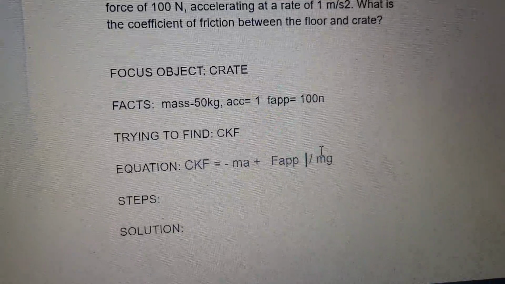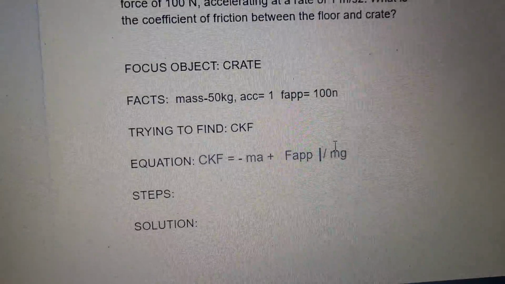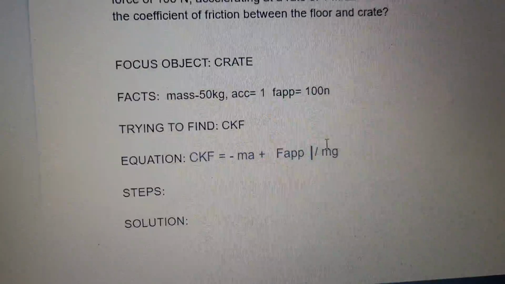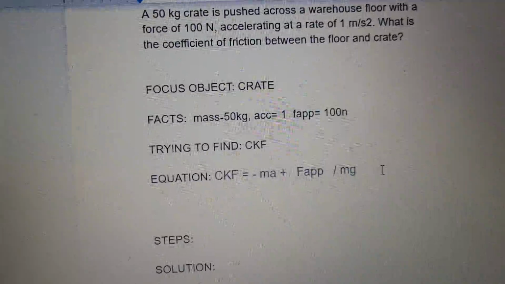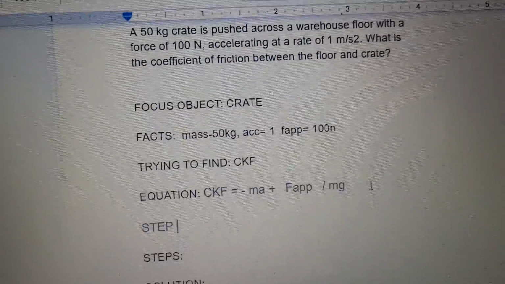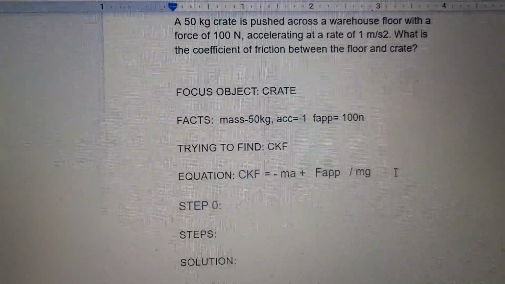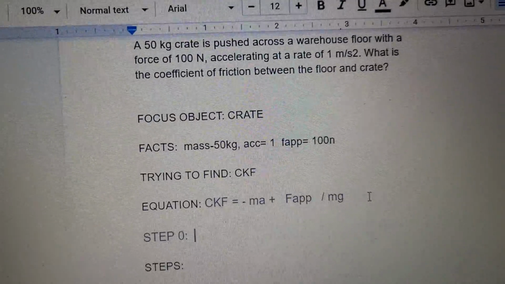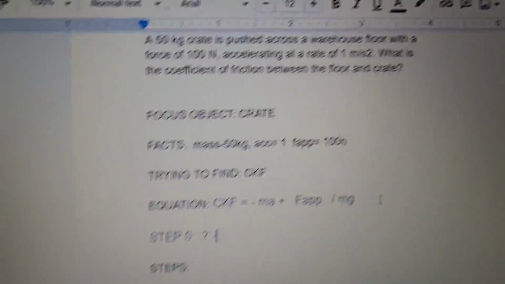So now you have to go back and see, okay, what facts do I have that can be substituted into these variables? That's my step 0, when you figure out how to substitute those facts. So step 0, my blueprint: I don't know what the coefficient of kinetic friction is, so I'm going to put a question mark there, or CKF, either one, equals.